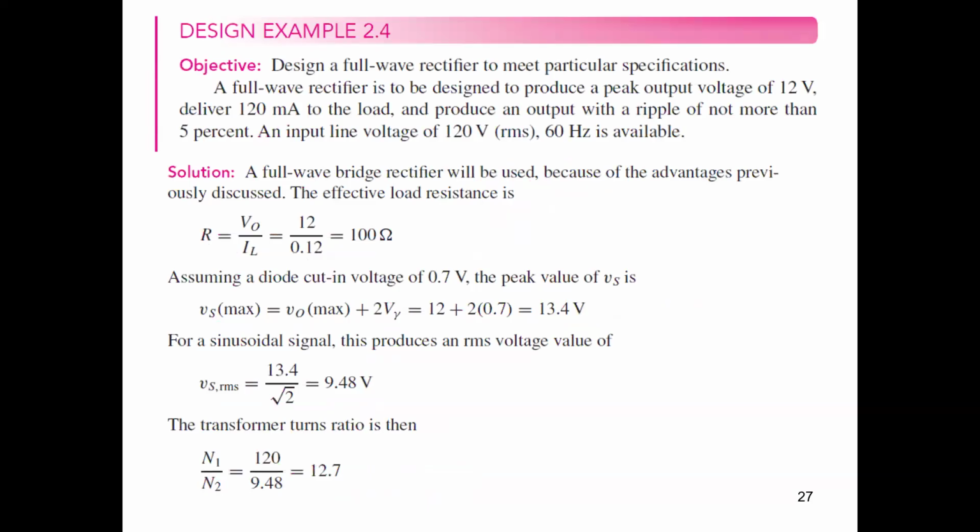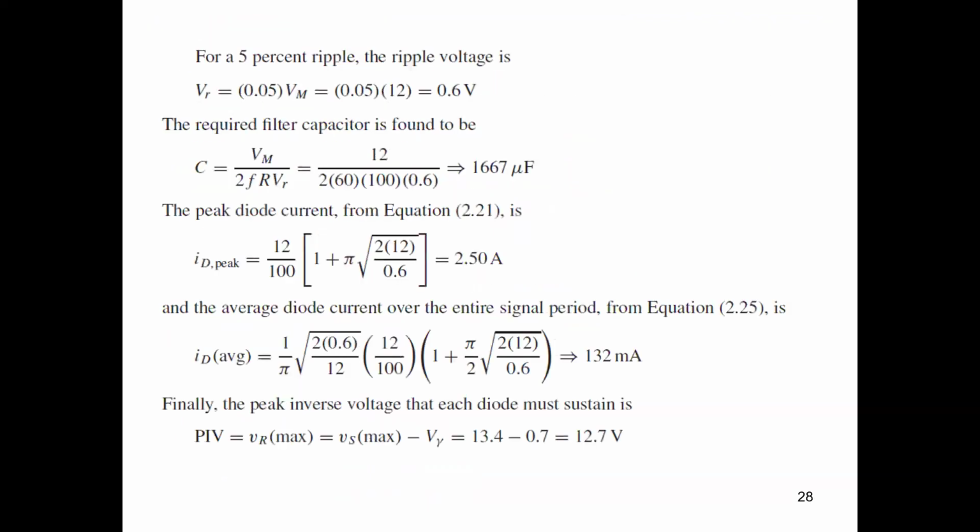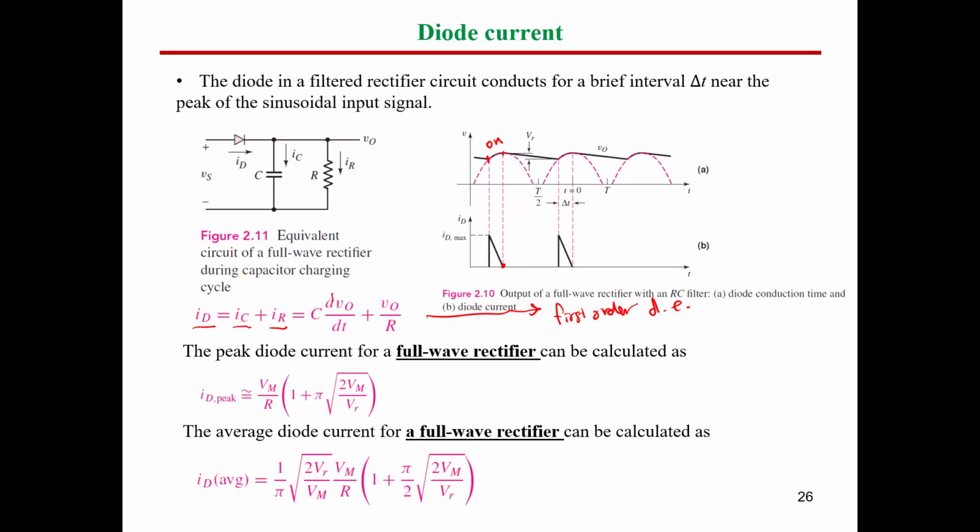Here, this is a direct example for the calculation. But I have a different concept. What is this concept? If you sized your circuits according to these values, definitely this diode current average value will be less than the value of the diode current if the capacitor is not here.